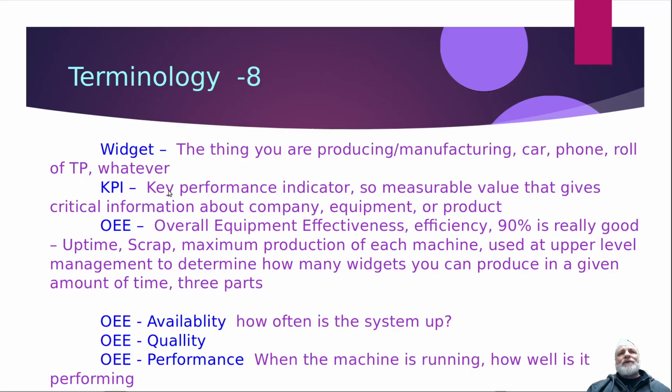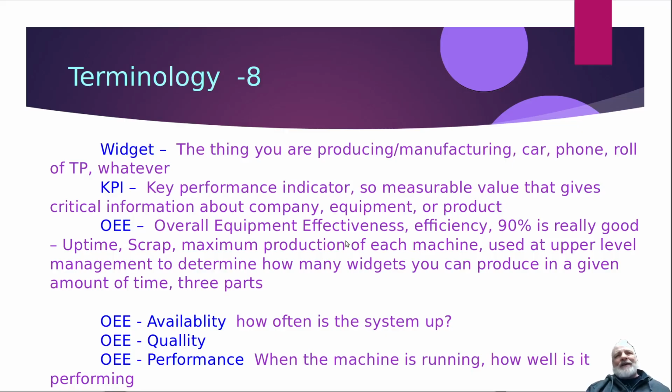KPI stands for Key Performance Indicator. This is some sort of measurement that we can use to monitor how well our business is doing. Along with that is this other term OEE, which is overall equipment effectiveness.